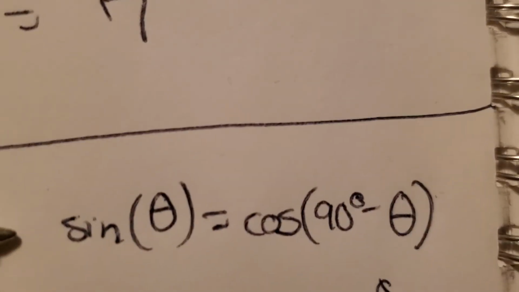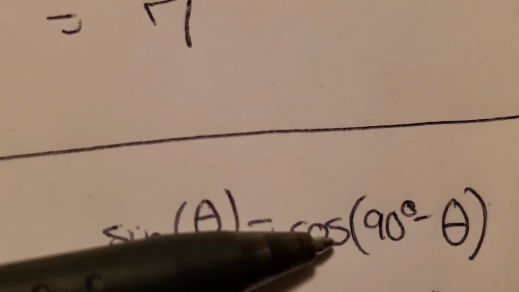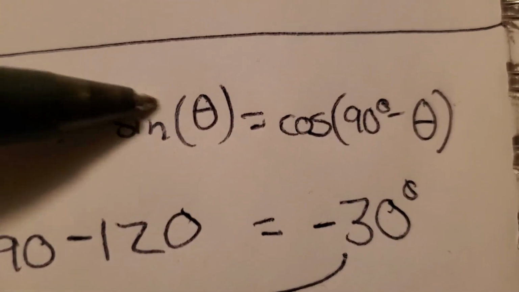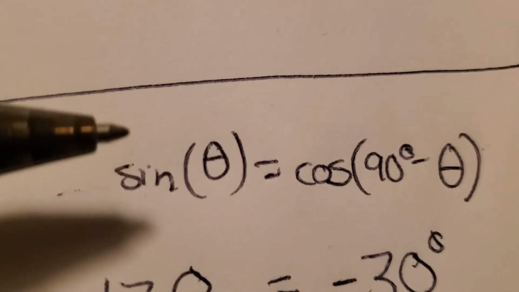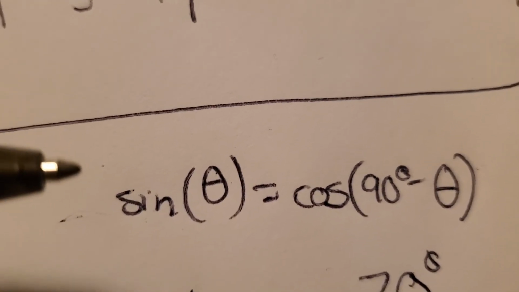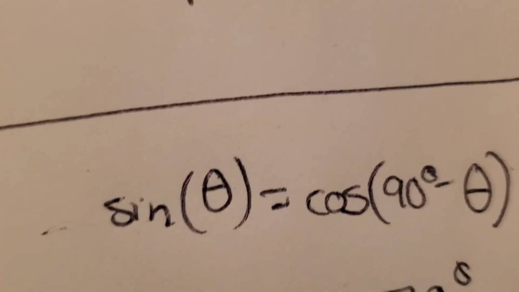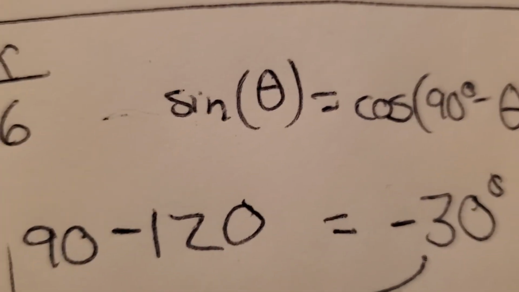The way that you find this is you use the equation sine theta equals cosine of 90 minus theta. This applies to all of the other tangents, cotangents in different equations. So from here you just plug in.